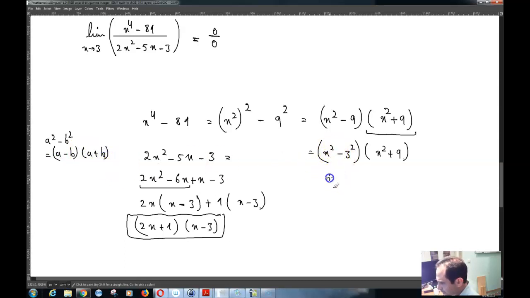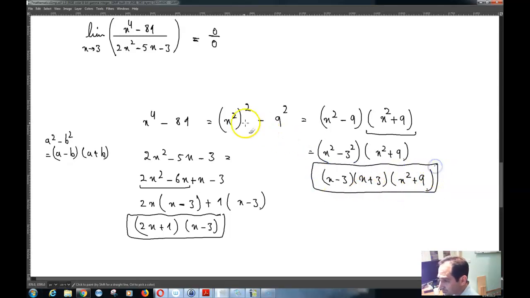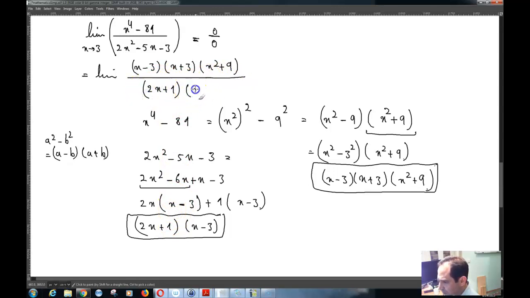So you can write this as x minus 3 times x plus 3 times x squared plus 9. So then this is going to be your numerator. So then you can write this as the limit of x minus 3 times x plus 3 times x squared plus 9 over 2x plus 1 times x minus 3.